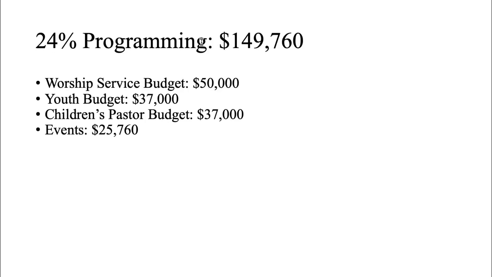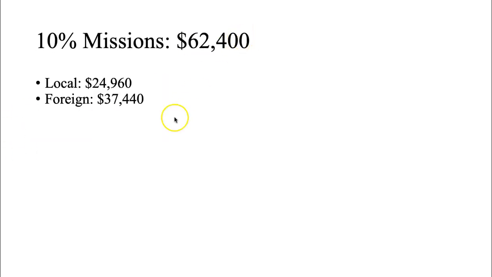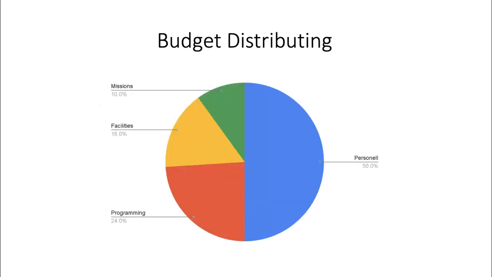The worship service budget, the youth budget, the children's pastor budget, and for events. Here at 10%, we have missions, which is $62,400. For the local, it's $24,960 and foreign $37,440.